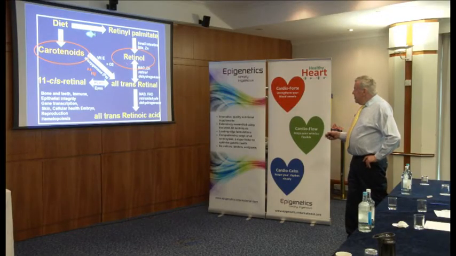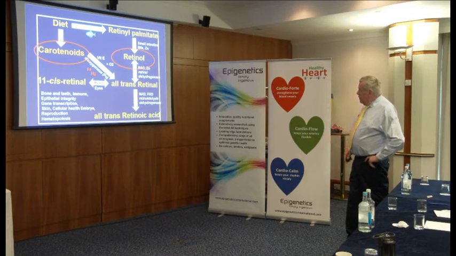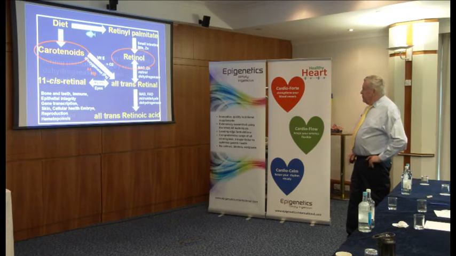And these are called retinoid receptors, and they're mainly on the nuclear membrane. So we switch these retinoid receptors on and off, and there are hundreds of different genes that respond to this. So retinoic acid is a very, very important part, essential for the immune system.